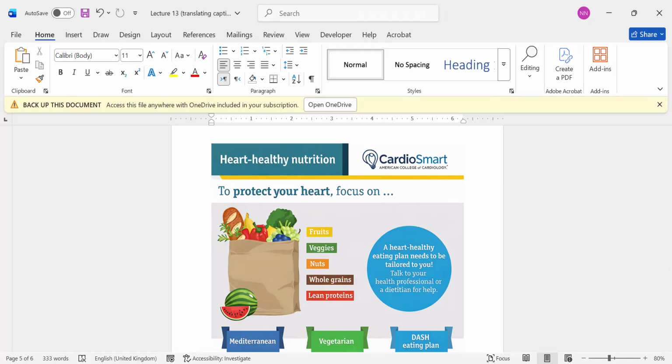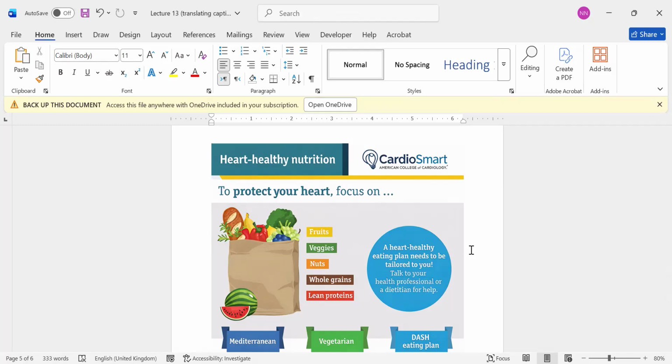So you need to hook the reader. So how can you hook the reader? By using very attractive language, let's say. So we can go for something like لصحة أفضل, okay? أو لقلب أصح, أو لقلب سليم.